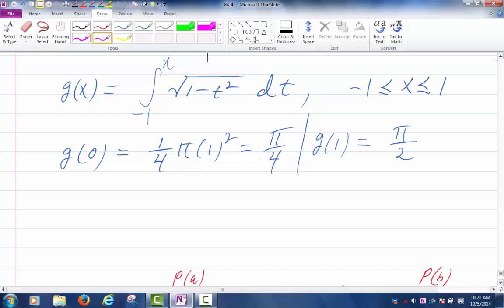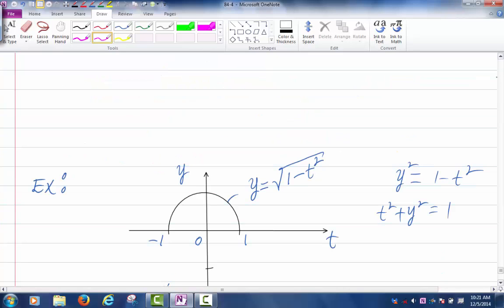So here, what am I taking the domain of g to be? The domain of g is between -1 and 1. So what's the meaning of g in this case? Well, remember, what is the graph of the root of 1 minus t squared?